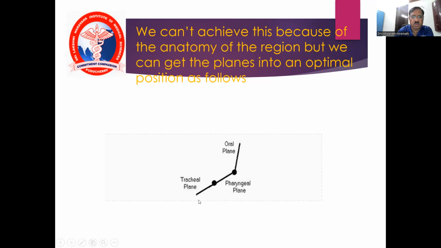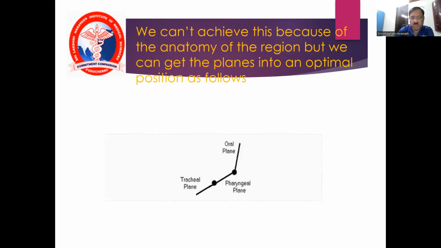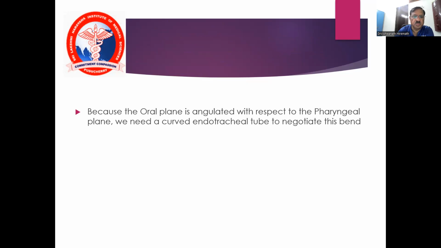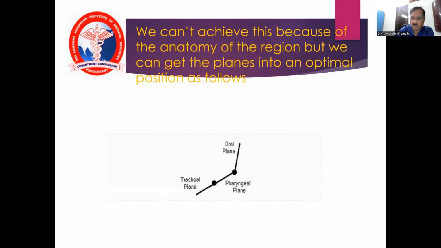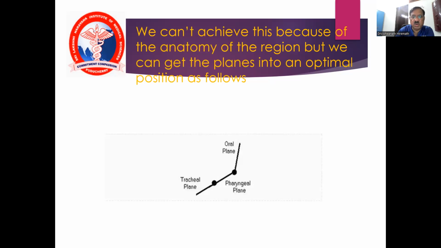Because the oral plane is angulated with respect to the pharyngeal plane, we need a curved endotracheal tube to negotiate this bend.